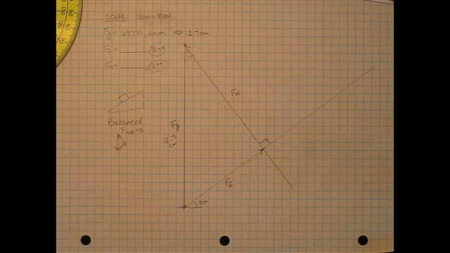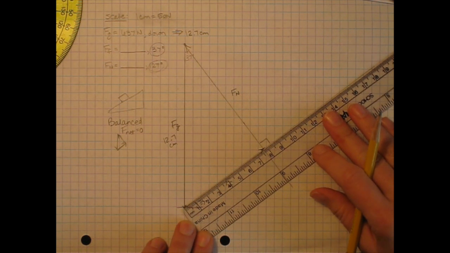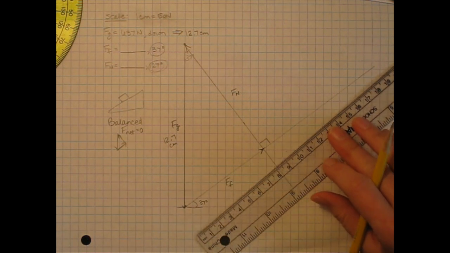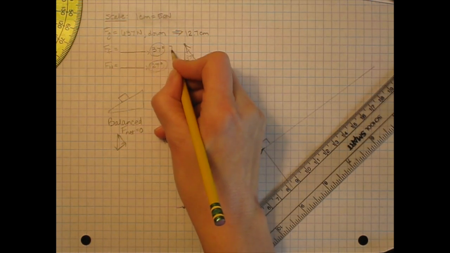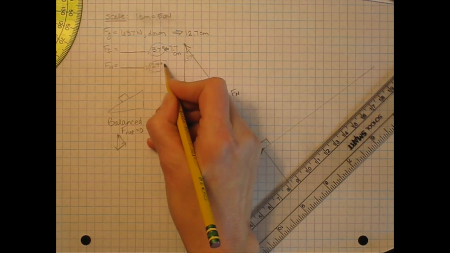The very last step then is to convert back to newtons. So we need to measure the lengths of these. This looks like it's about 7.7 centimeters. And I can convert that now back to newtons.